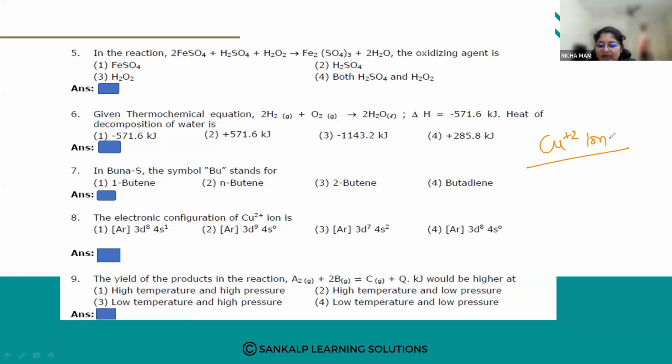How will your answer be? Copper is atomic number 29. So the electronic configuration of copper will be what?